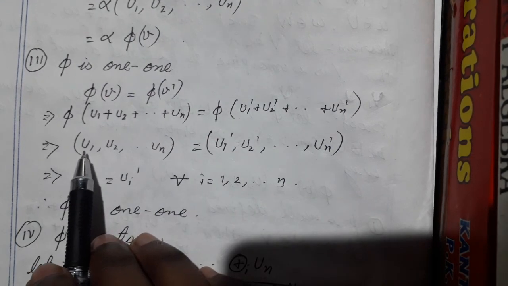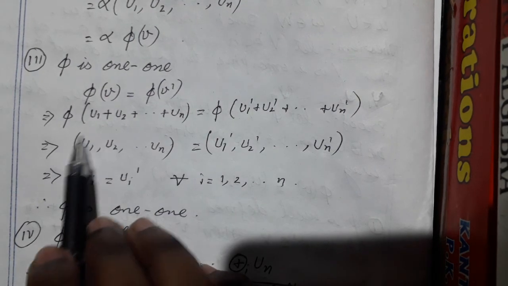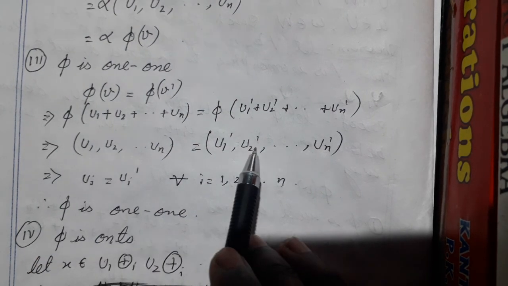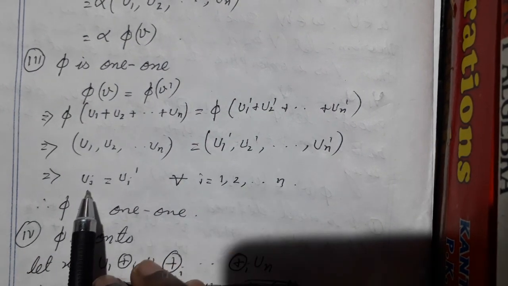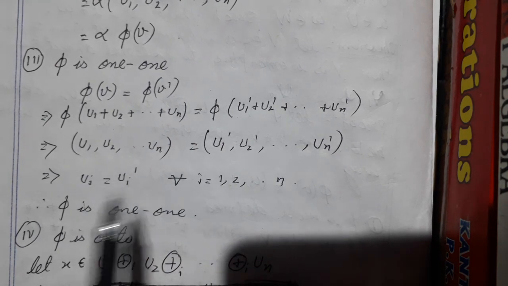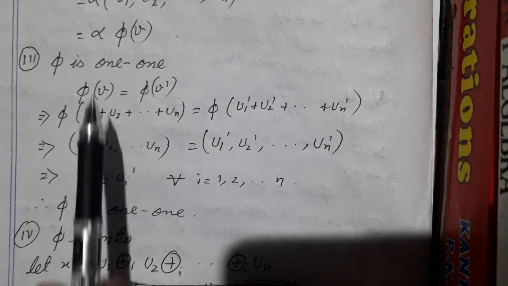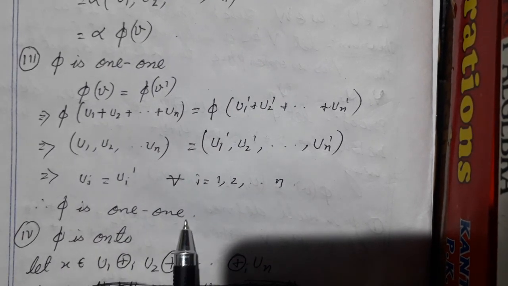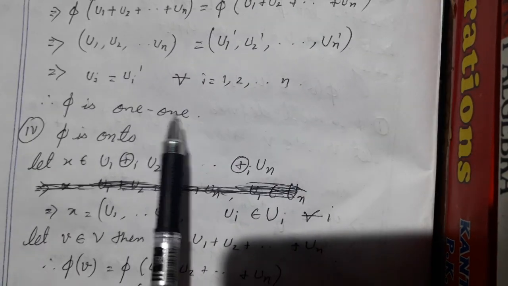That is possible only if the first coordinate is equal to the first, the second is equal to the second, and so on. So we have Ui equal to Ui dash for all i equal to 1 to n. That shows that V is equal to V dash, hence phi is 1-1.